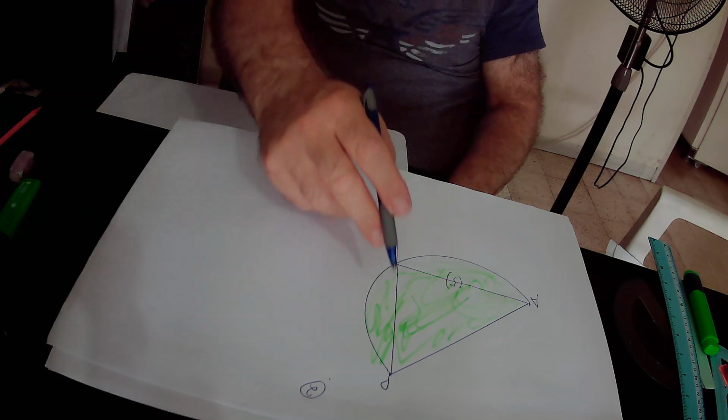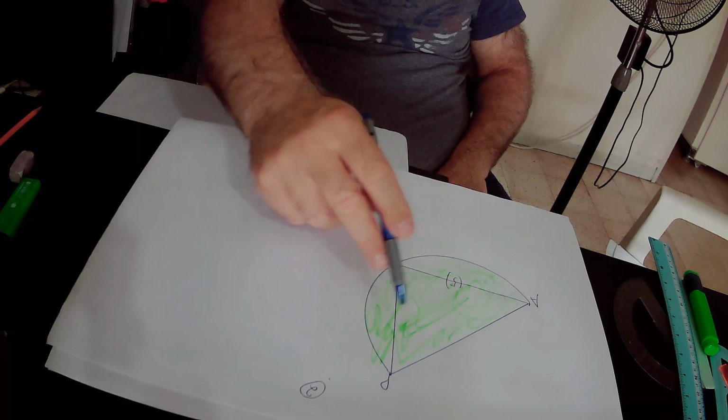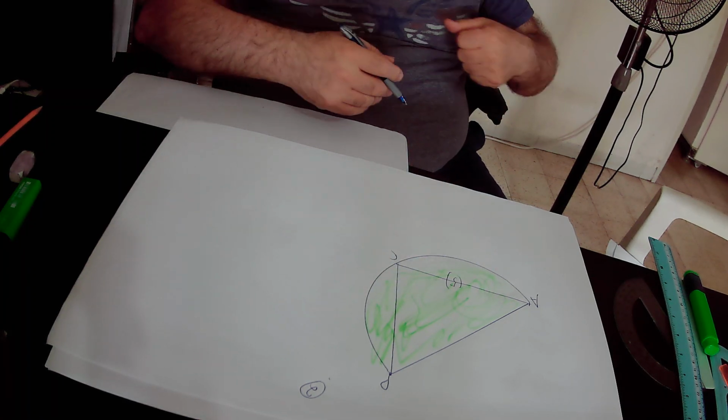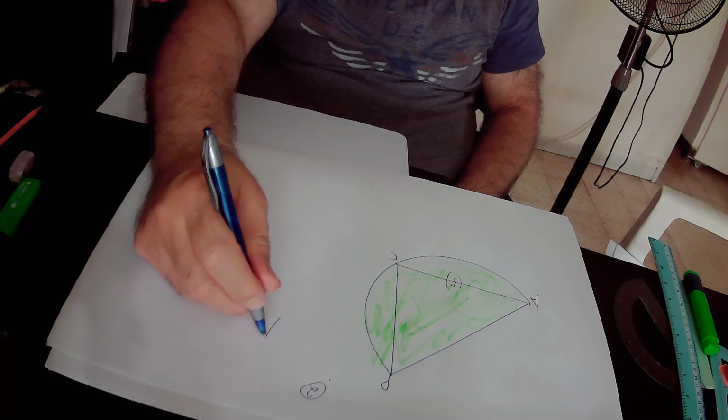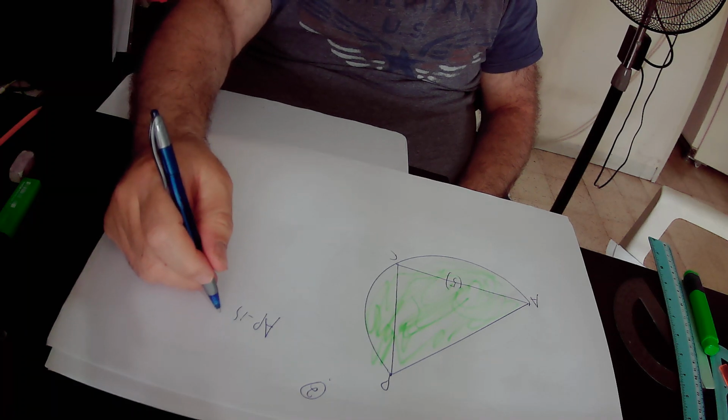By joining points P and C together by a straight line, we created the peripheral angle ACP. This is peripheral angle ACP. And in this green semicircle, we know that AP is the diameter of the green semicircle.